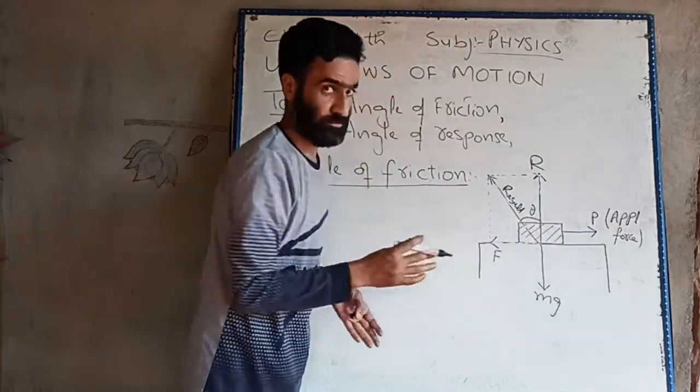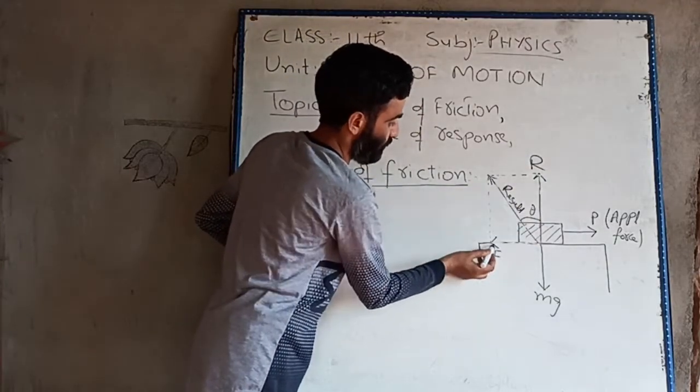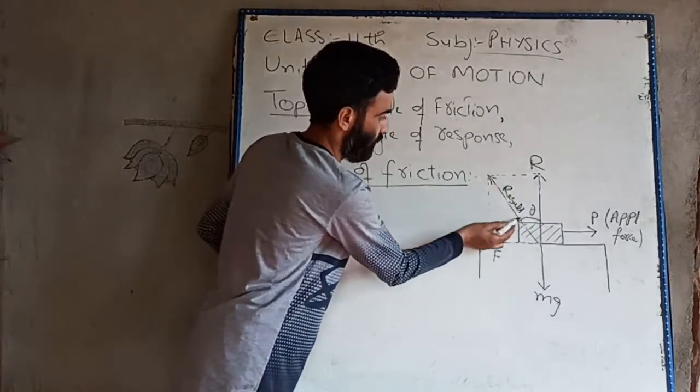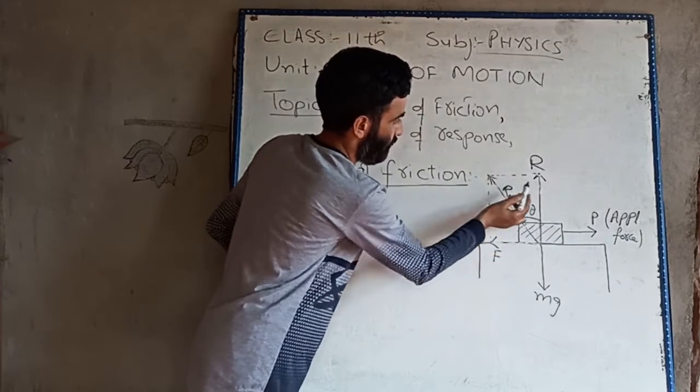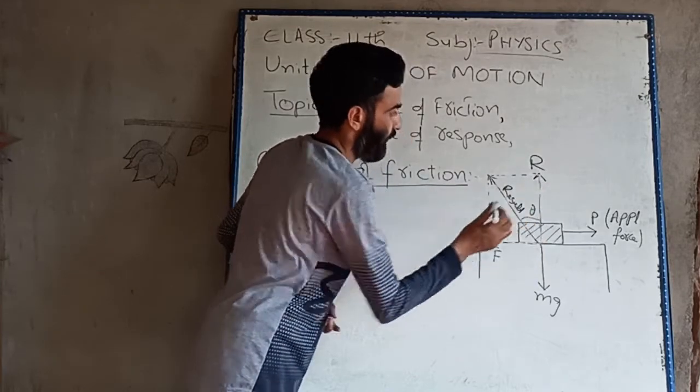Let me repeat it. This is the resultant of the force of friction and normal reaction. Then this is the normal reaction force. The angle between these two is the angle of friction.